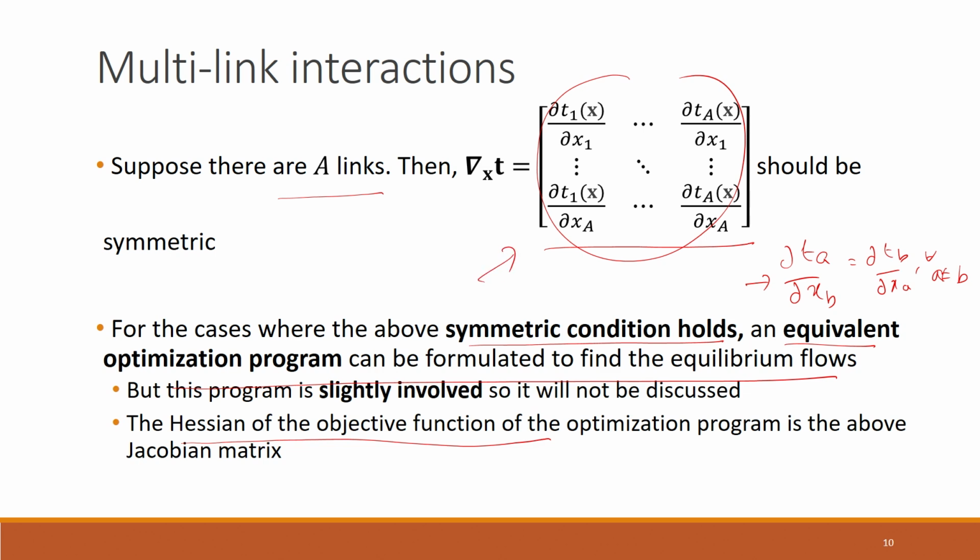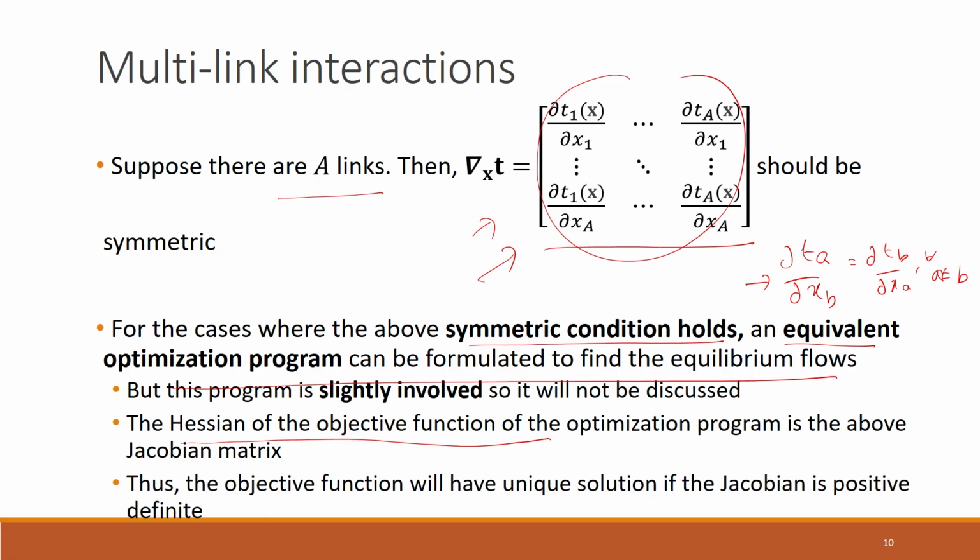We are not explaining why that came about, but let us assume that the Hessian matrix of this optimization problem that exists for this multi-link interaction case is actually the Jacobian matrix which is shown here for the travel time functions.